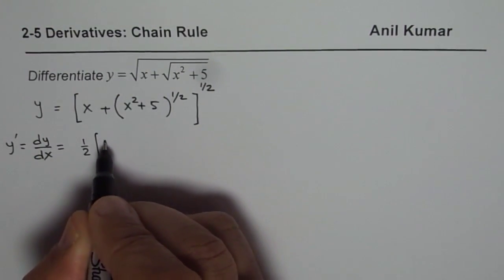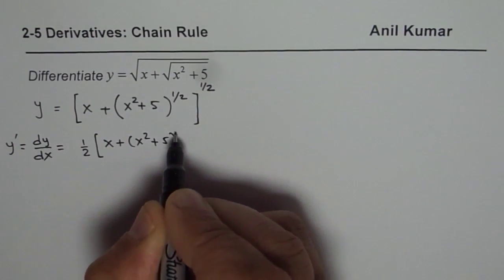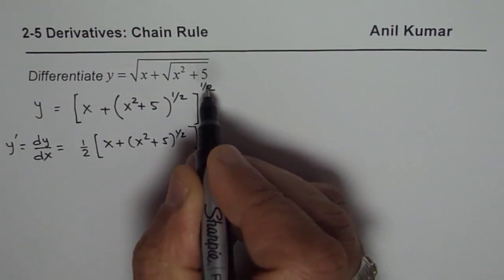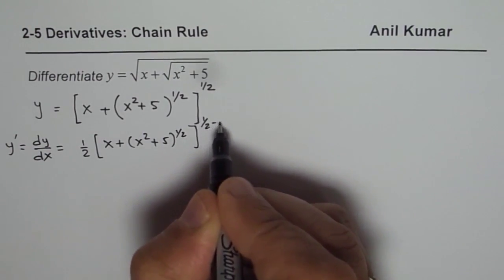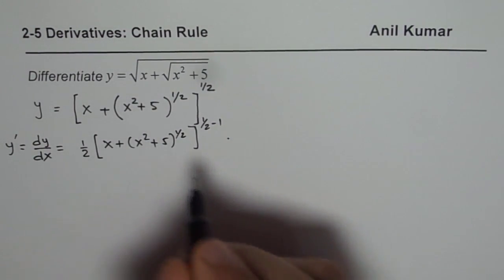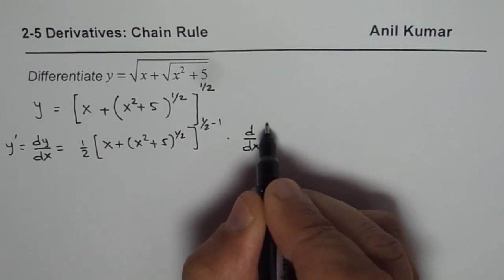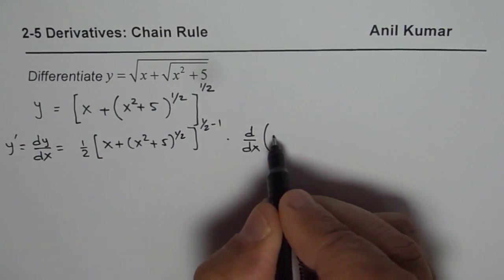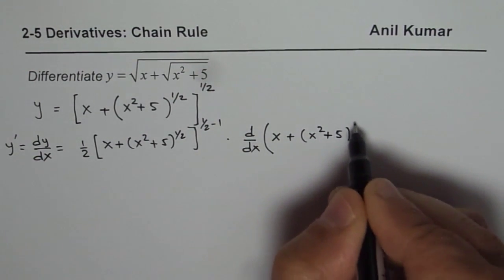All this is x plus x squared plus 5 to the power of half, to the power of half minus 1, right? So let me write half minus 1 for the time being, times derivative of inside function. So we'll write d/dx of inside function, which is x plus x squared plus 5 to the power of half.